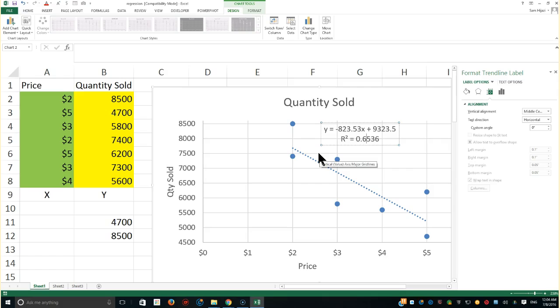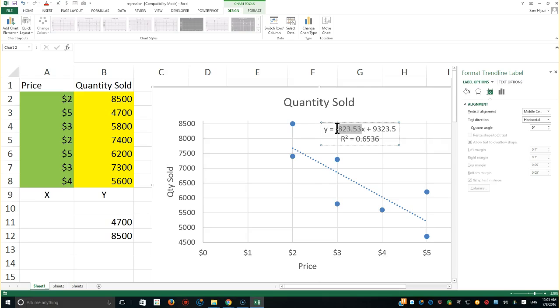So this is at least an indication that we're going in the right direction, something we would have to consider a valid relationship. The most important part of this is the beta 1, as we call it in econometrics, which is really the slope.